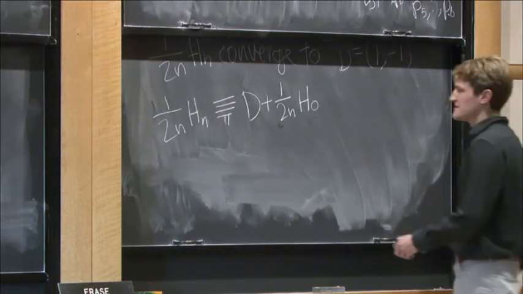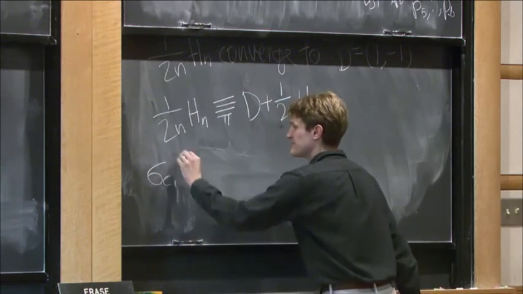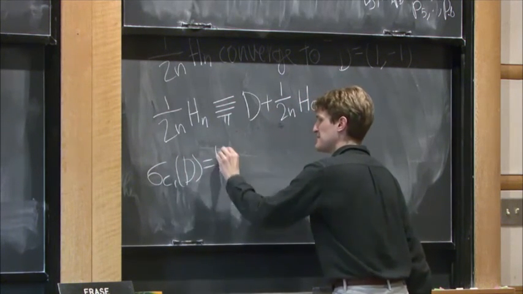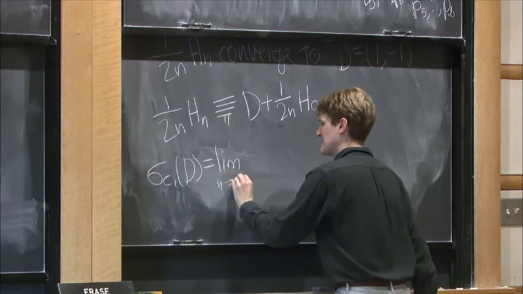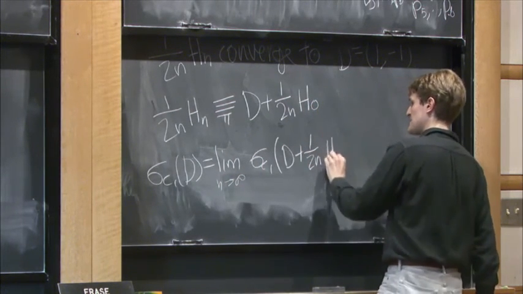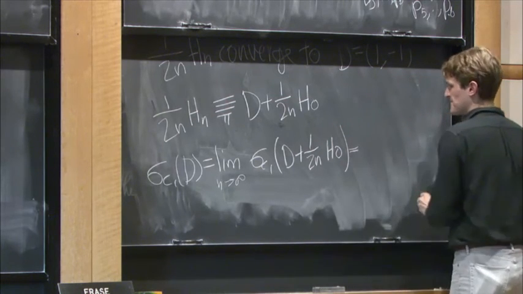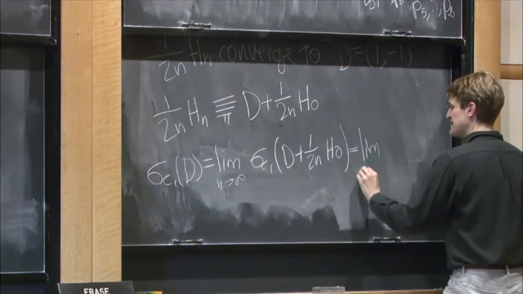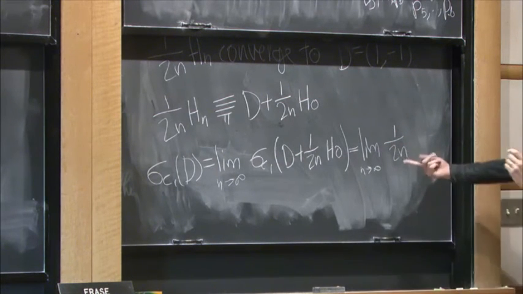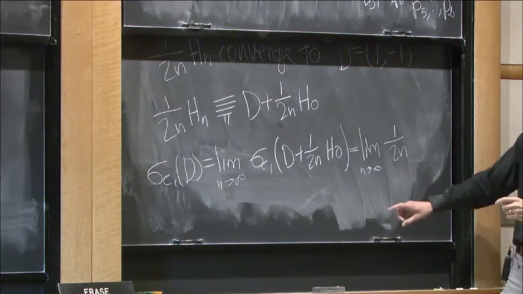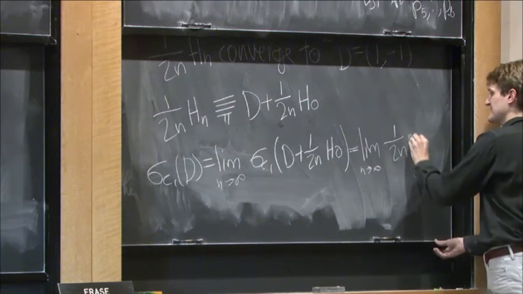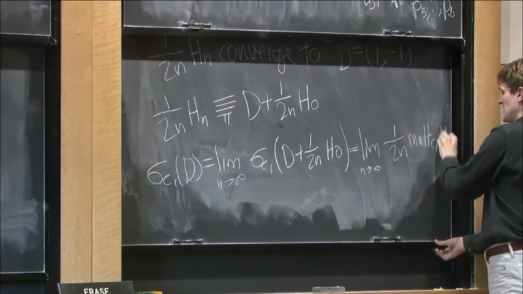Right, so here's the final reveal. What's sigma C1 of D going to be? Well, this is the limit as n goes to infinity of sigma C1 of D plus 1 over 2n H0. This is the limit as n goes to infinity of 1 over 2n times the multiplicity of Hn along C1.